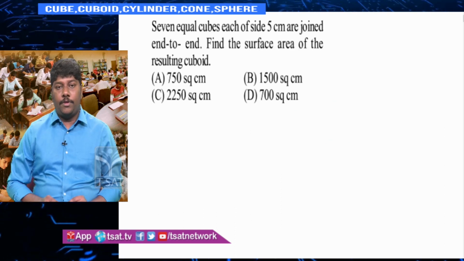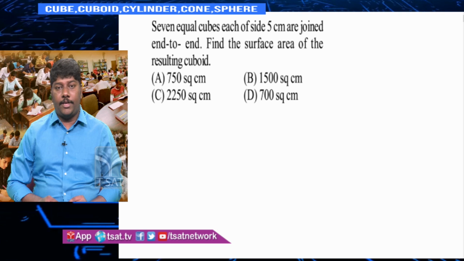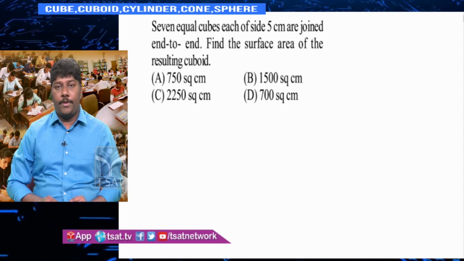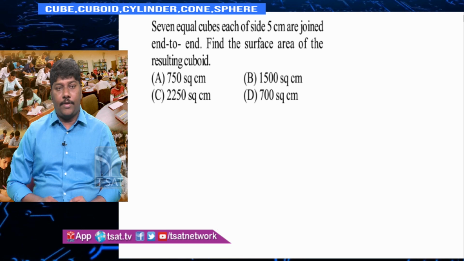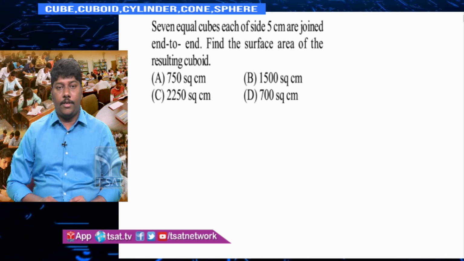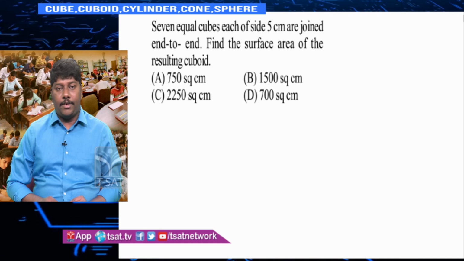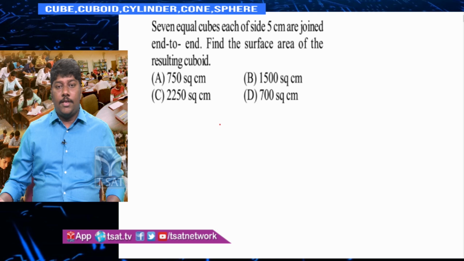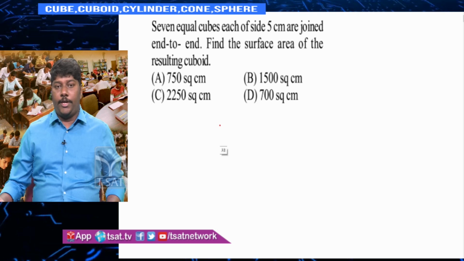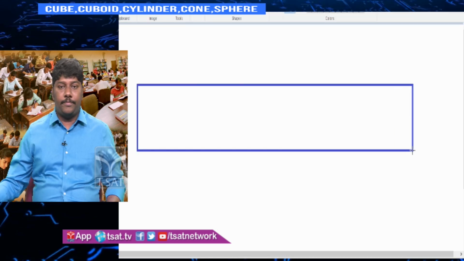7 equal cubes of each side 5 centimeter are joined end to end. Find the surface area of the resulting cuboid. So if you add 7 cubes of side 5 centimeter end to end, it will form a cuboid. He is asking you to find the surface area of the resulting cuboid. See how it actually looks.